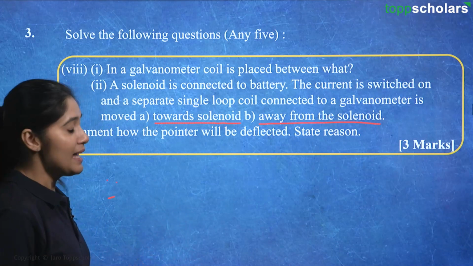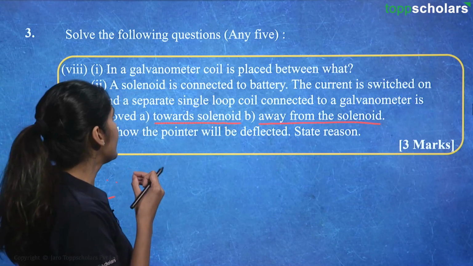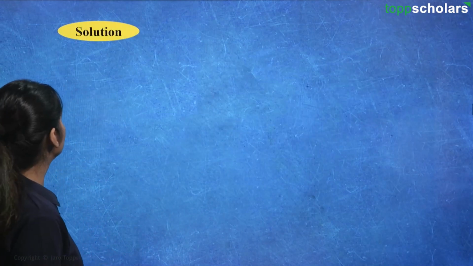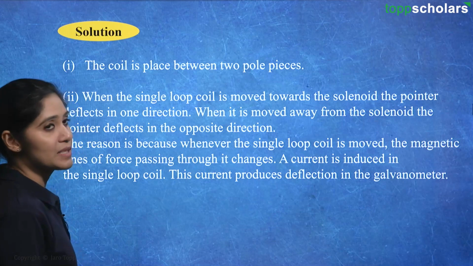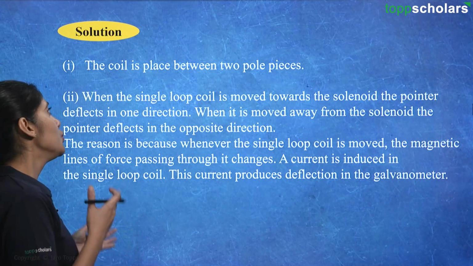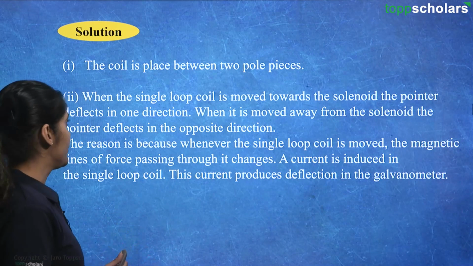So first, let's see what happens in the first case. In a galvanometer, where is this coil placed? The coil is placed between 2 pole pieces, right? So the 2 poles are connected with a coil in a galvanometer.